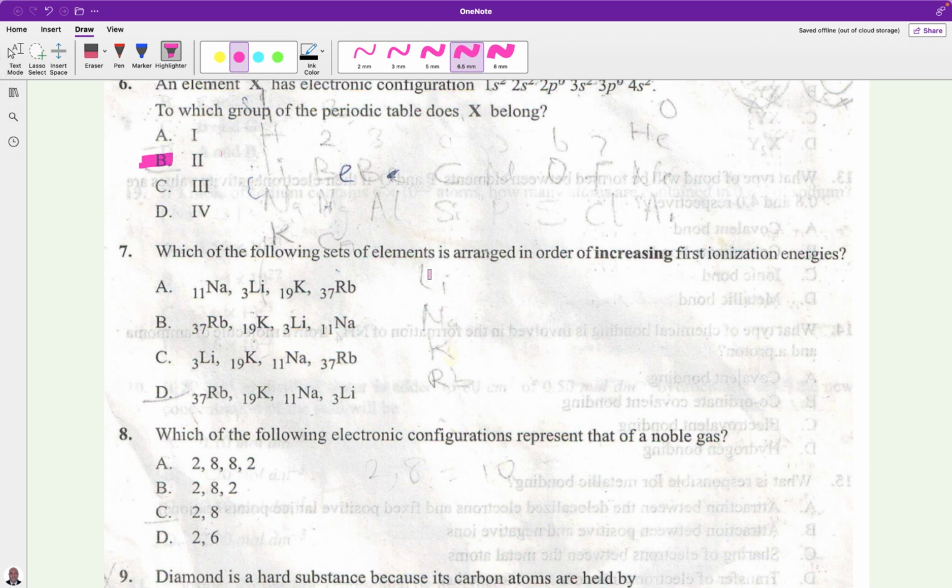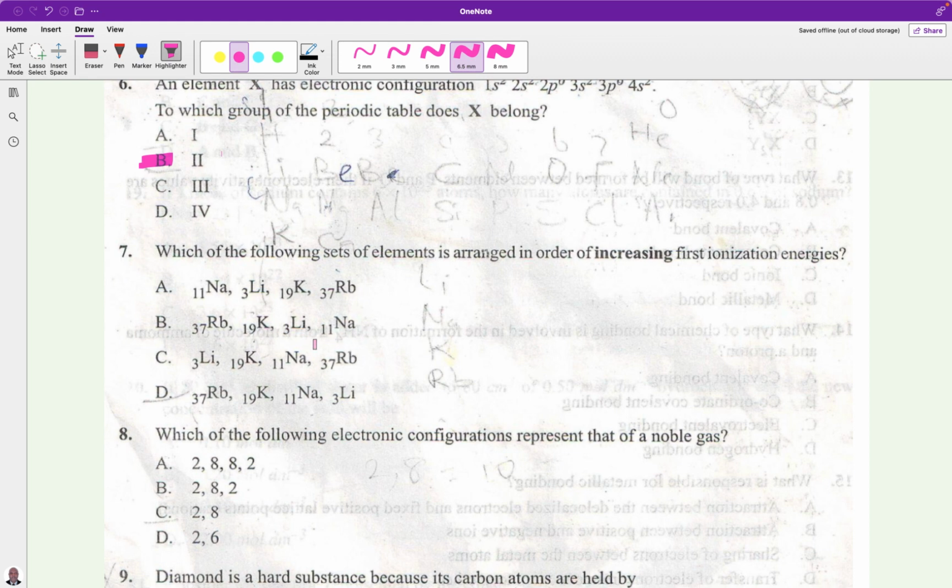Now here it is mixed up. Some are low, some are high, some are low again. Now this one is increasing, increasing, increasing.